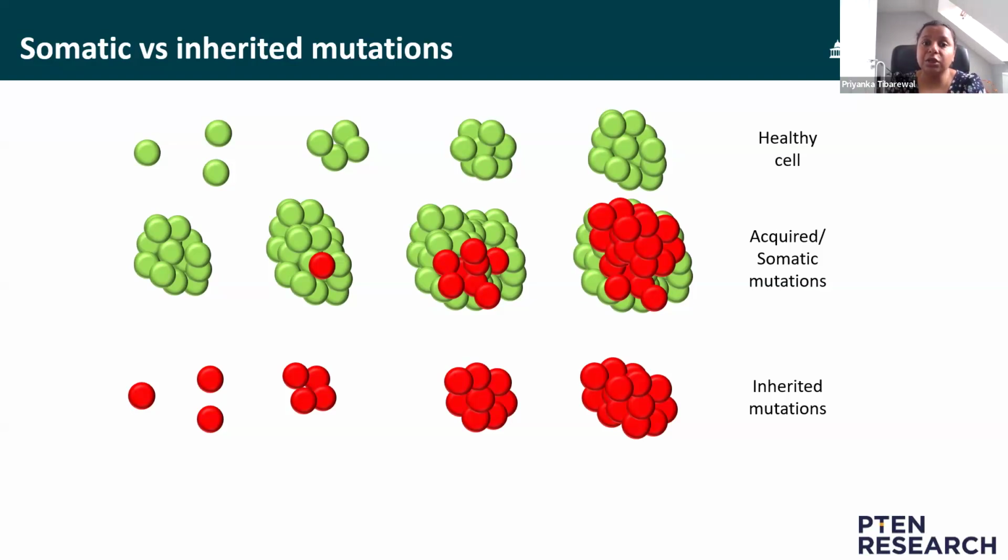So when your egg cells and your sperm cells are formed, one of them can develop this mutation, because the process of formation of the egg and the sperm itself requires a lot of cell divisions to happen. So the DNA is copied multiple times.